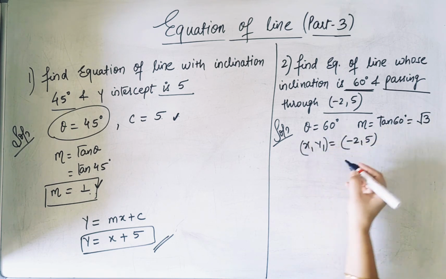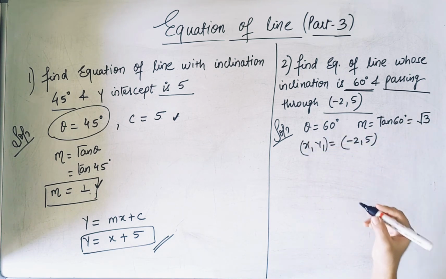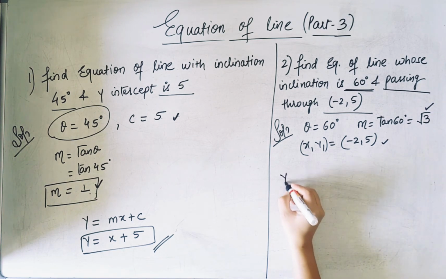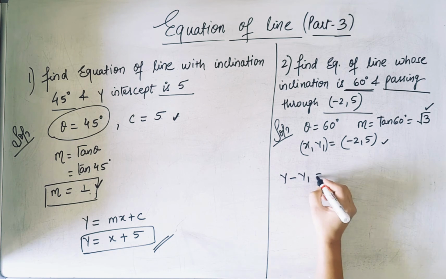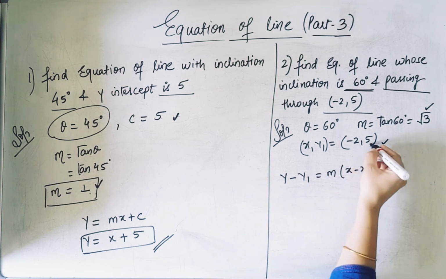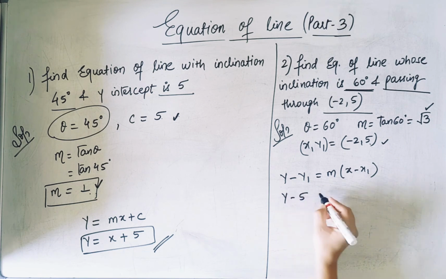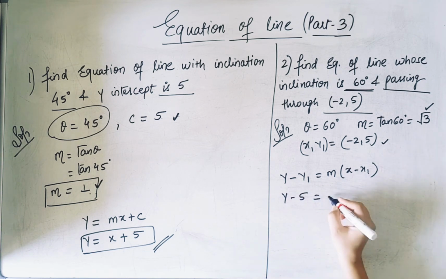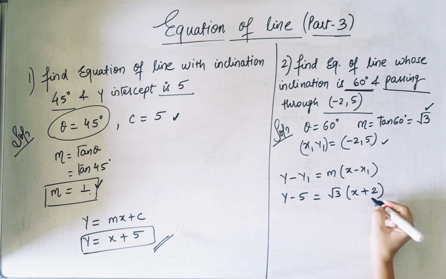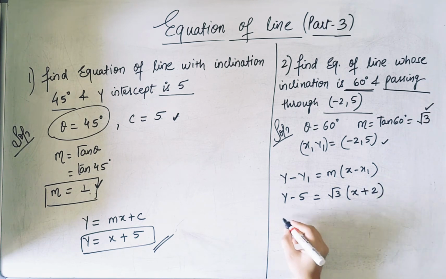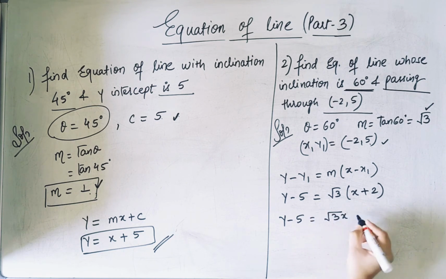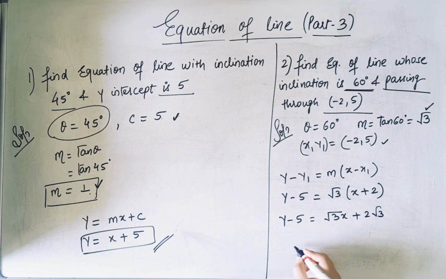We have seen the equation when we are provided with slope and a point. So the equation is y minus y1 equals m into x minus x1. y1 is 5, m is √3, x1 is -2, so minus x1 becomes plus 2. Thus the answer will be y minus 5 equals √3x plus 2√3.